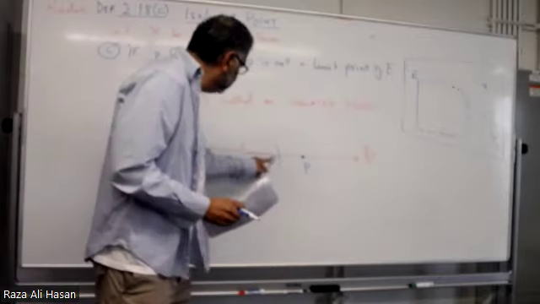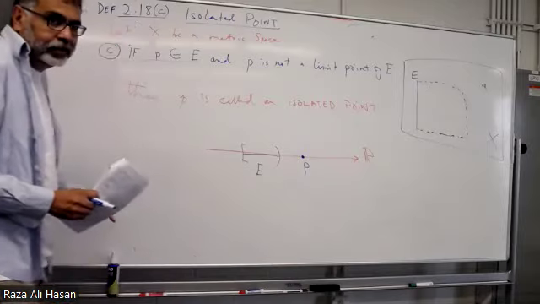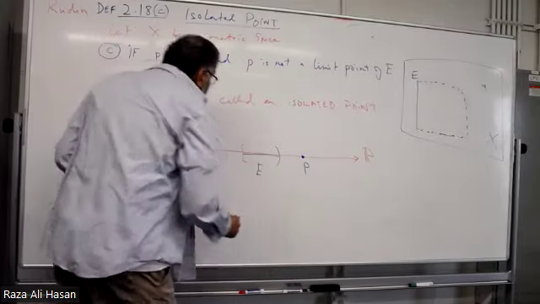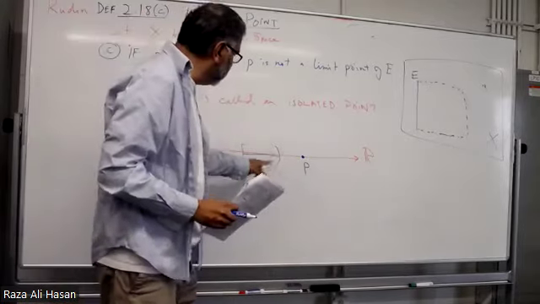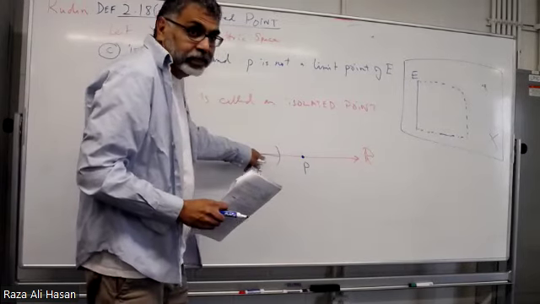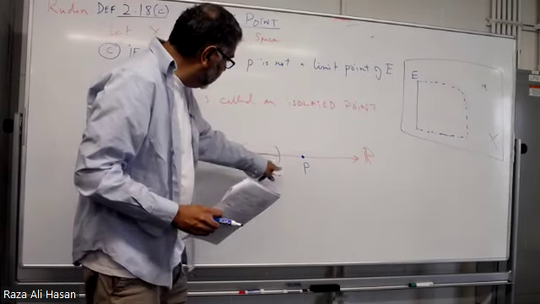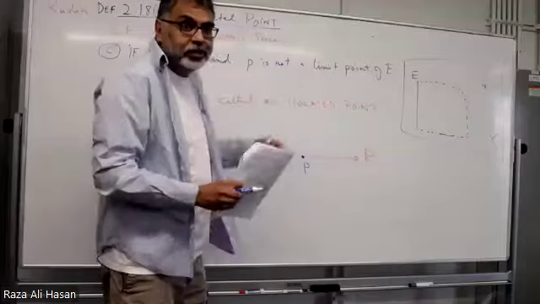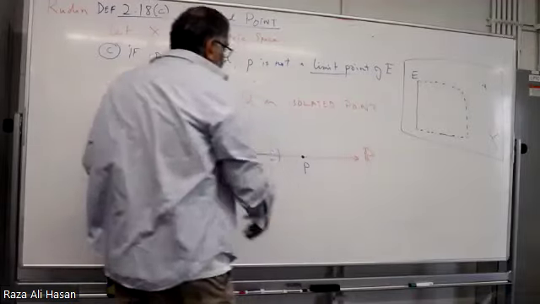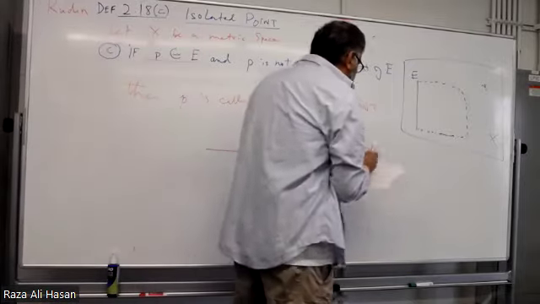So this interval plus the union of this point is our set E. And P is not a limit point because it's not on the open boundary, or the closed boundary, or inside. Any point inside, on the closed boundary, and on the open boundary is a limit point. And that's our illustration for R1.